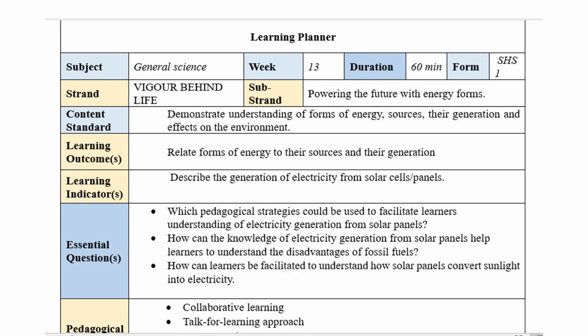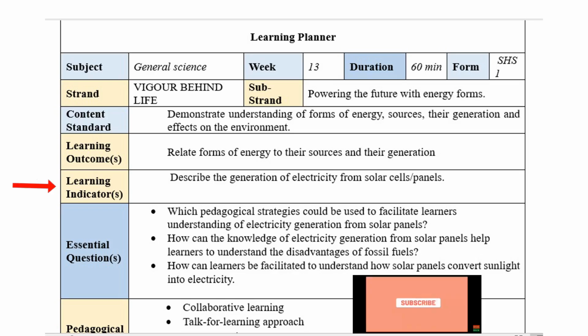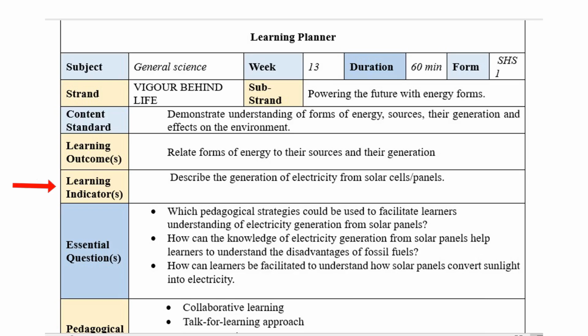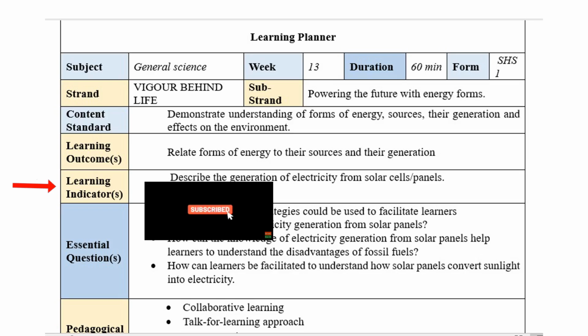Let's look at examples in this week. The learning indicator is: describe the generation of electricity from solar cells or solar panels. The essential questions for this topic are: 1. Which pedagogical strategies could be used to facilitate the learner's understanding of electricity generation from solar panels? This is for the teacher. This same statement can also be written as: how can learners be helped to understand electricity generation from solar panels?